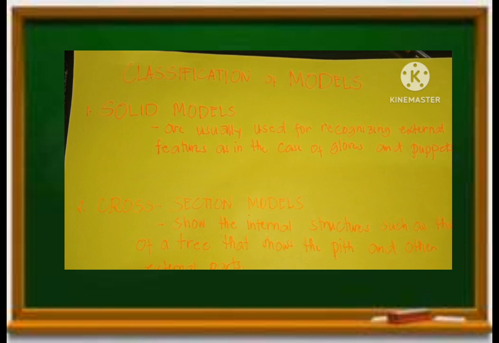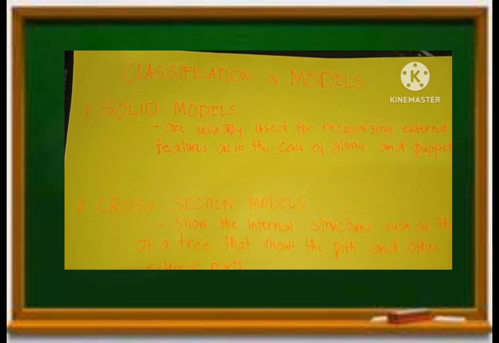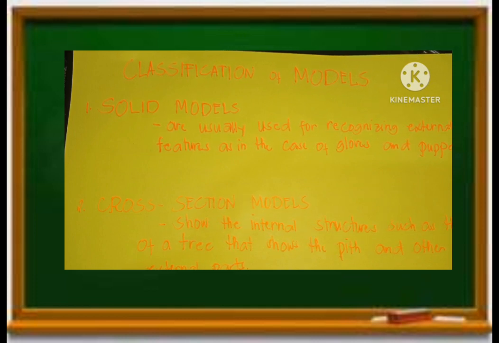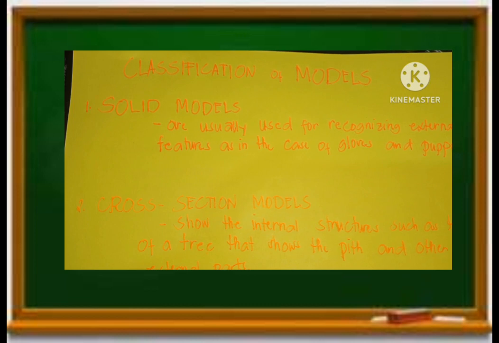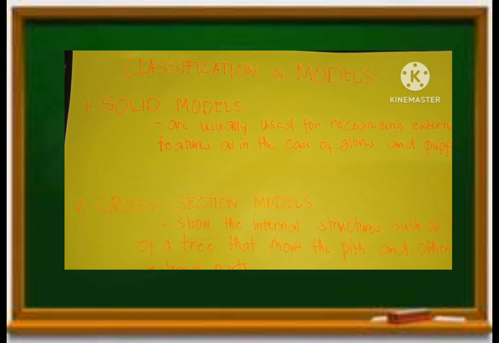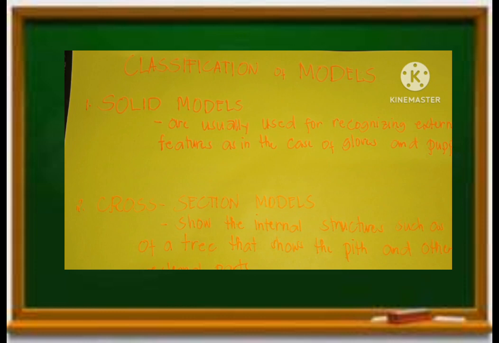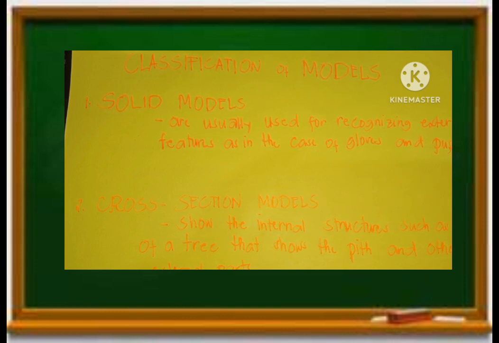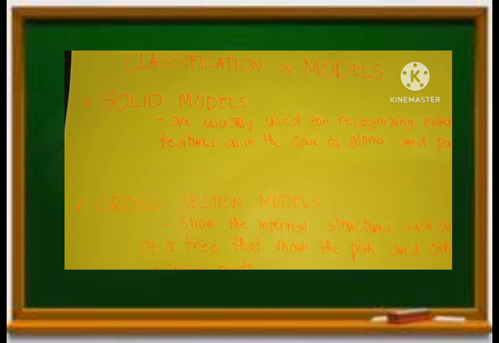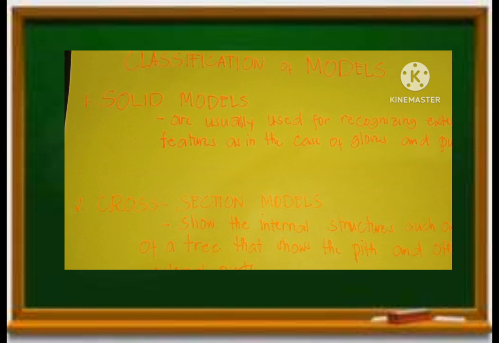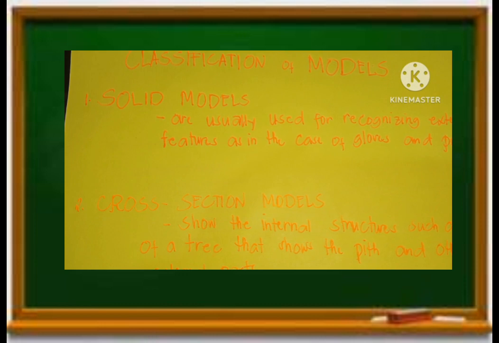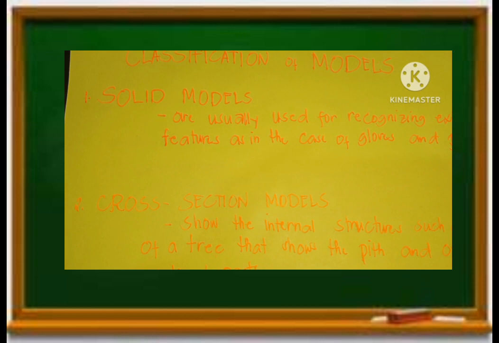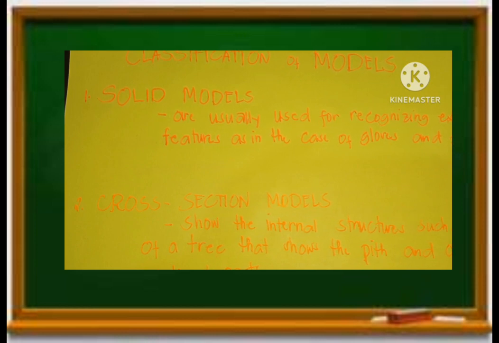Solid models are the ultimate way to represent general objects, which are physical solid objects. It provides surface representation to the wire three-dimensional views of a geometric model and makes the objects appear solid on the computer screen, and that is called a solid model. An example is a vault or a heart. So in this classification, solid models, we can see the outer parts or the features of an object.